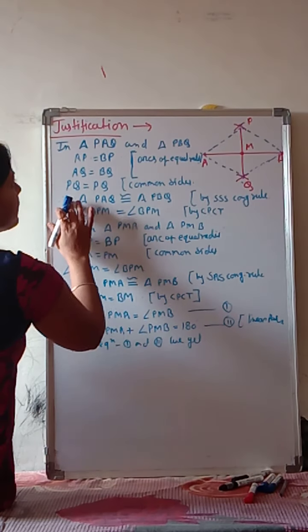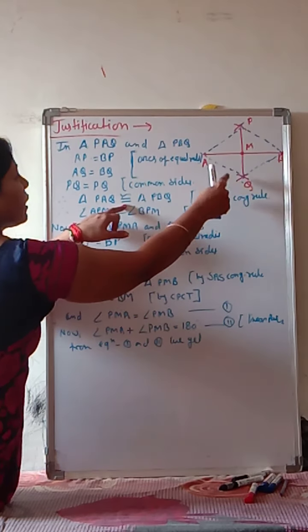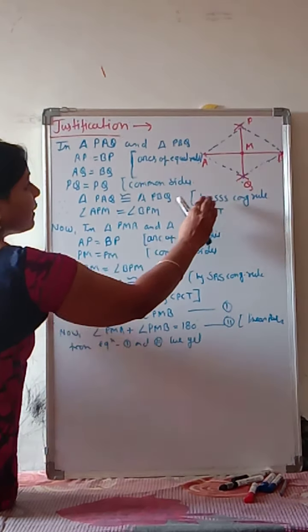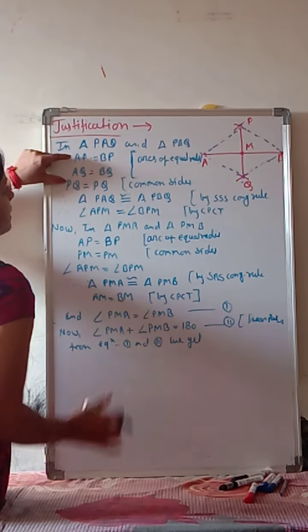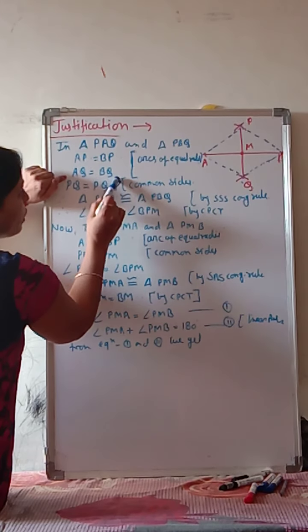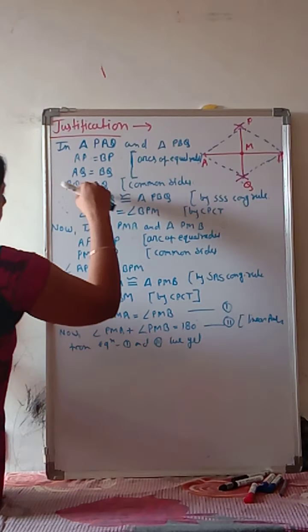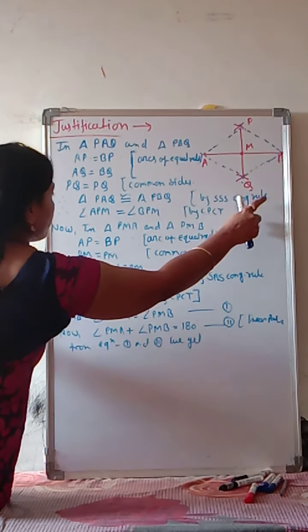So triangle PAQ is congruent to triangle PBQ by the SSS congruency rule, because here three sides are equal: AP equal to BP, AQ equal to BQ, and PQ equal to PQ is common. So both have three equal sides.